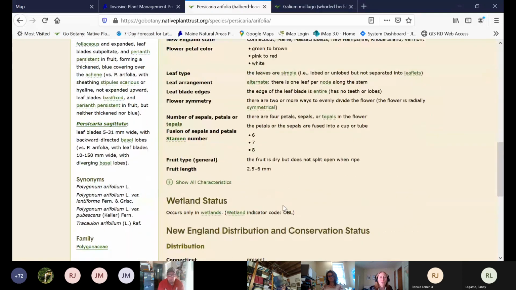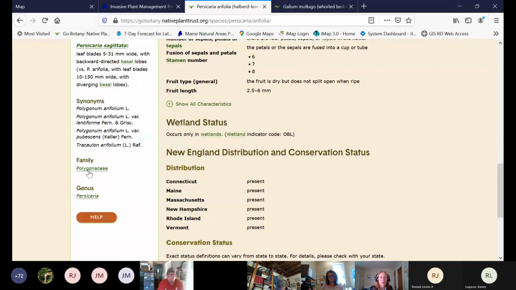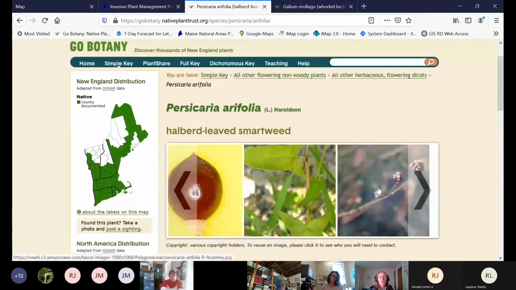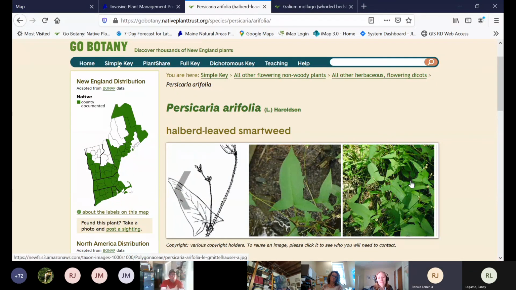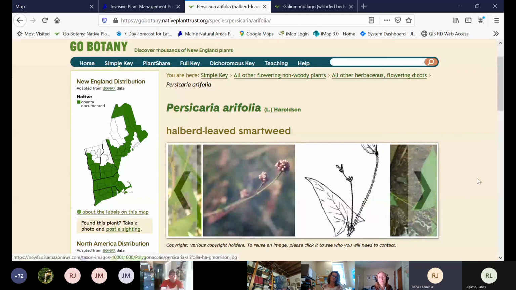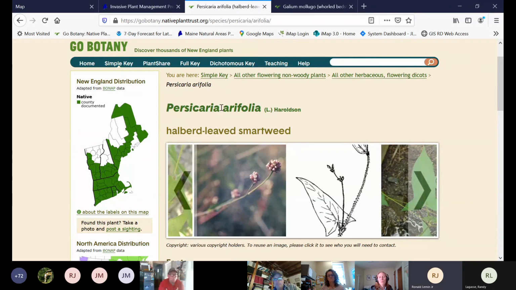The family is given here in Go Botany on the panel on the left. So there are a lot of plants in this family. Does that answer your question, Ron? Yeah. I've heard people call it two different things, and I just didn't know if we're going after the same problem or not. So we are. The scientific name for the weed is also, the genus is also Persicaria. So same genus, in fact, not just same family.